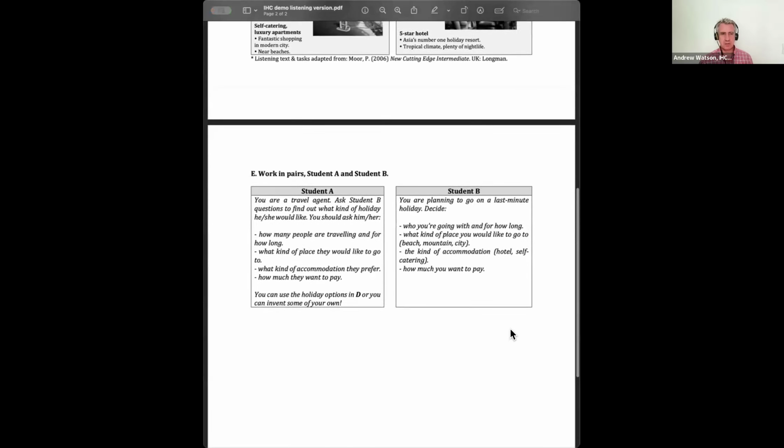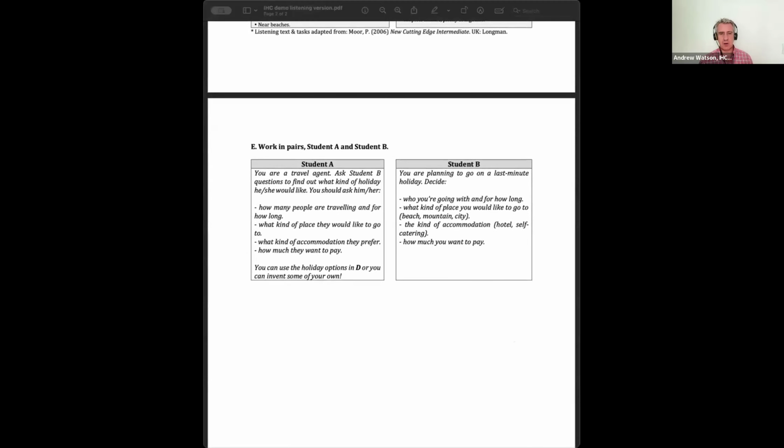Now, you'll see that there are role play cards in the teaching materials that I sent you. It's also in the handbook.